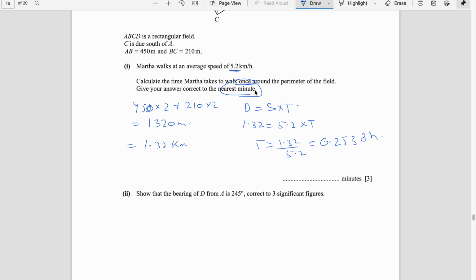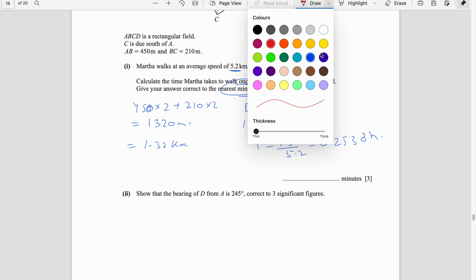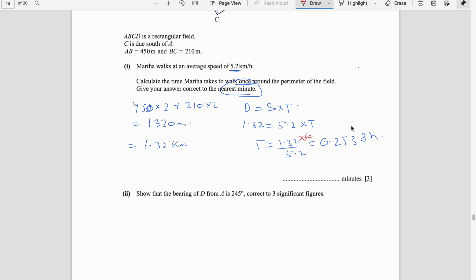So in minutes, we just multiply it by 60. If I directly multiply by 60 at this point, we get 15.2, to the nearest minute, that is 15 minutes.